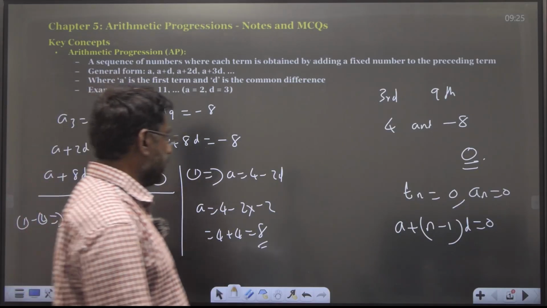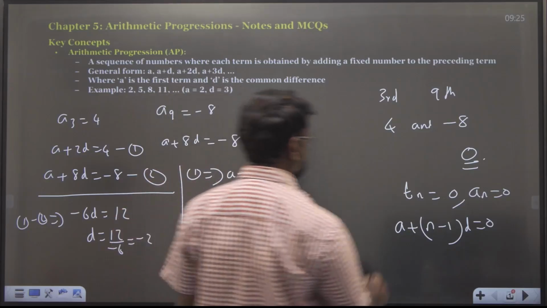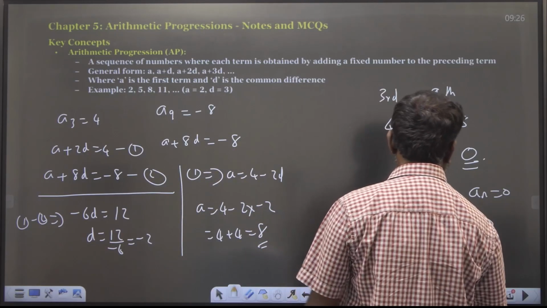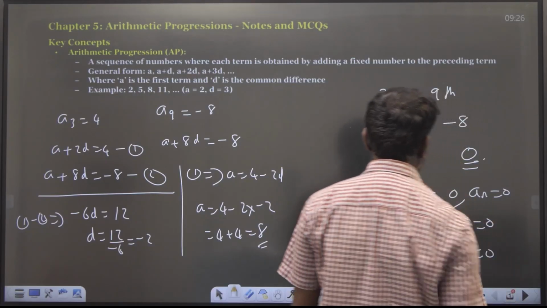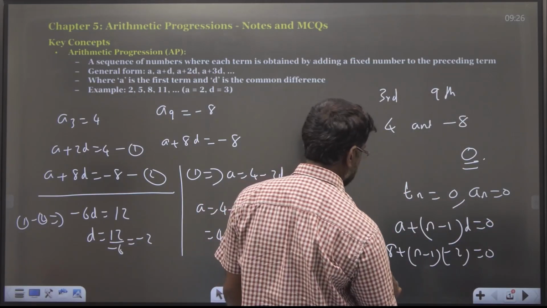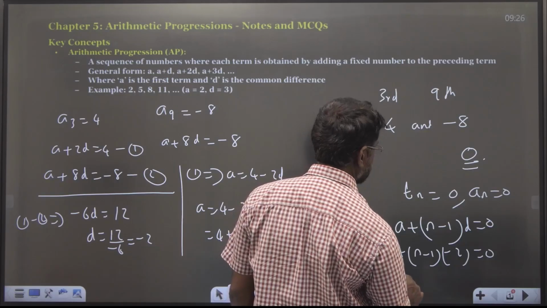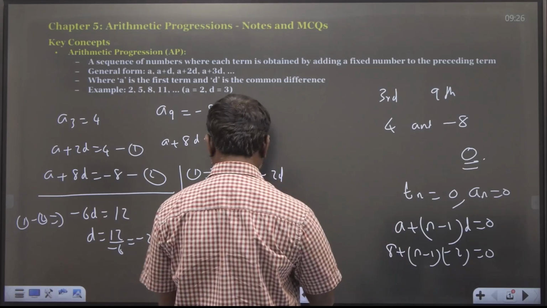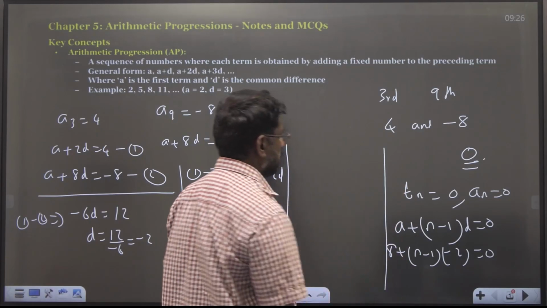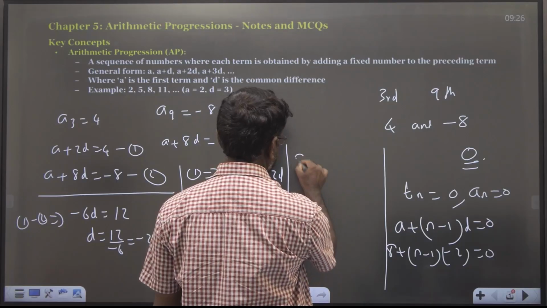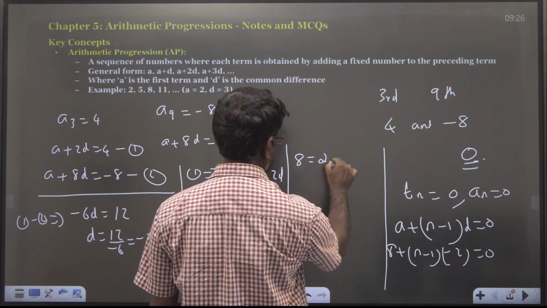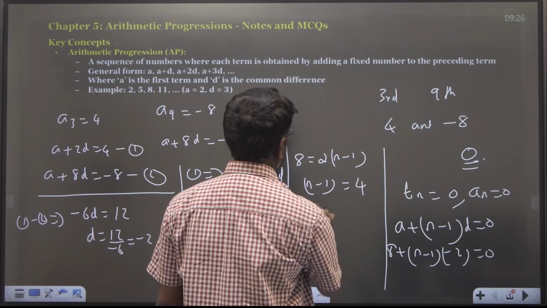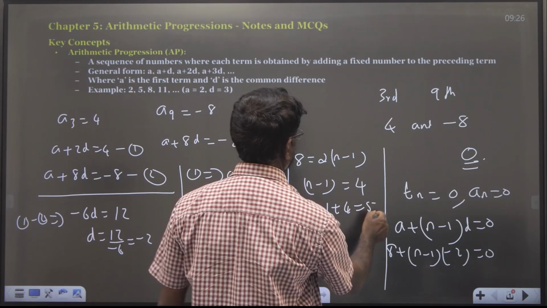a is equal to 8, d is equal to minus 2. Substitute the values of a and d here. What is a? 8. 8 plus n minus 1 into d, what is d? Minus 2. That is equal to 0. That is 8 minus 2n. Solve this: 8 is equal to, taking this to the right hand side, 2 into n minus 1. n minus 1 is equal to 8 by 2, 4. n is equal to 1 plus 4 equal to 5.